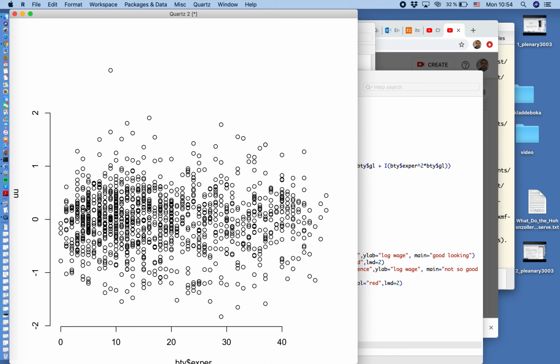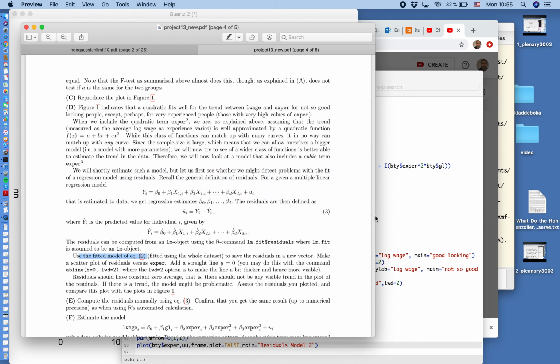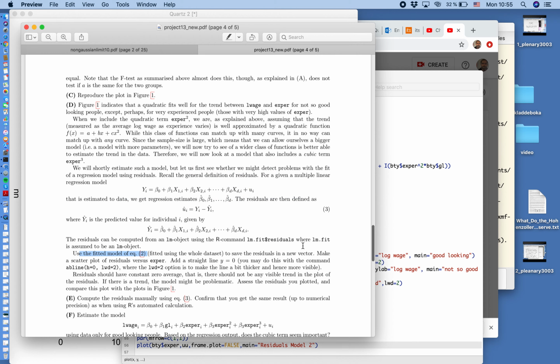So have a look at those videos, and that will make you more able to assess whether or not these residuals look good, which means whether or not the model is a decent fit to the data or not.